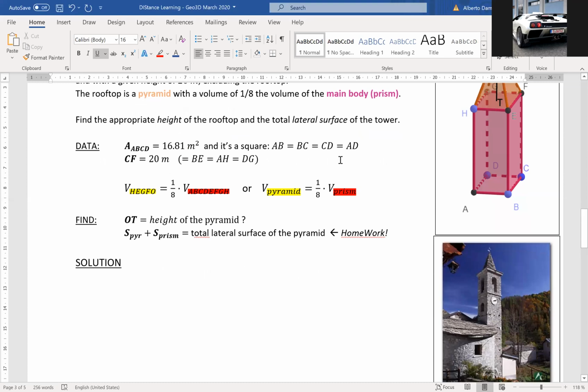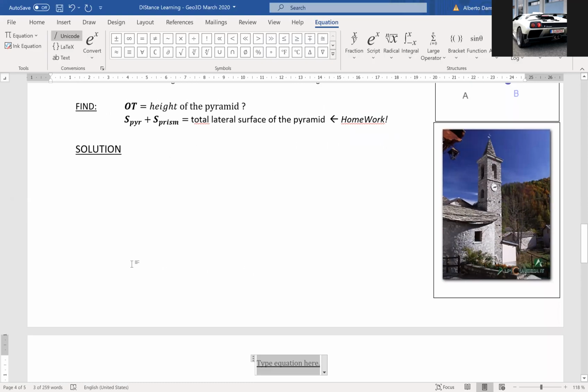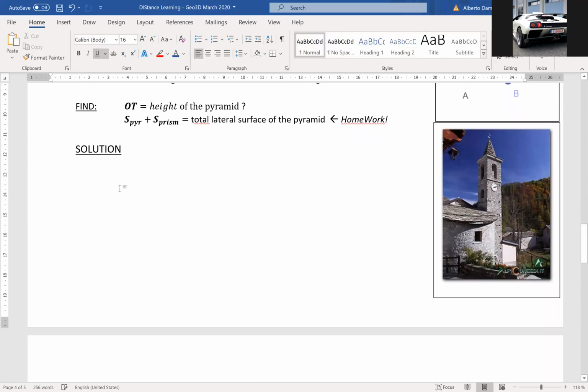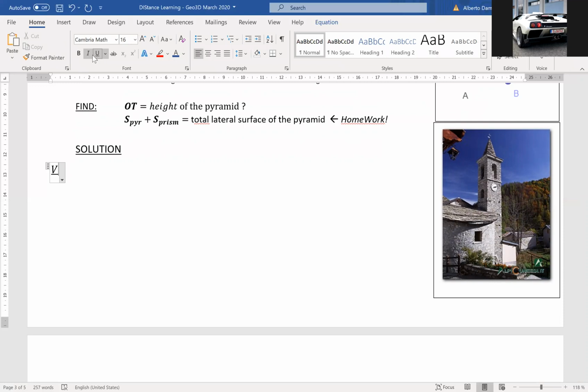However, if I look at my data, there is no volume of the prism anyway. So I think the first thing to calculate is the volume of the prism. So I am going to find the volume of the prism, and I don't know why it's underlining, but I will take this away immediately.